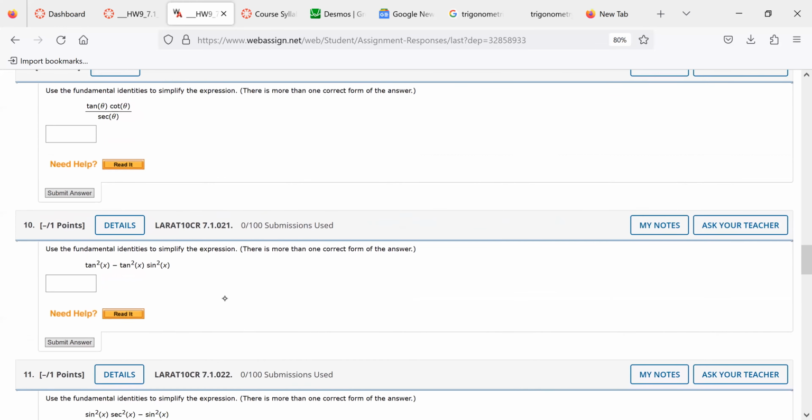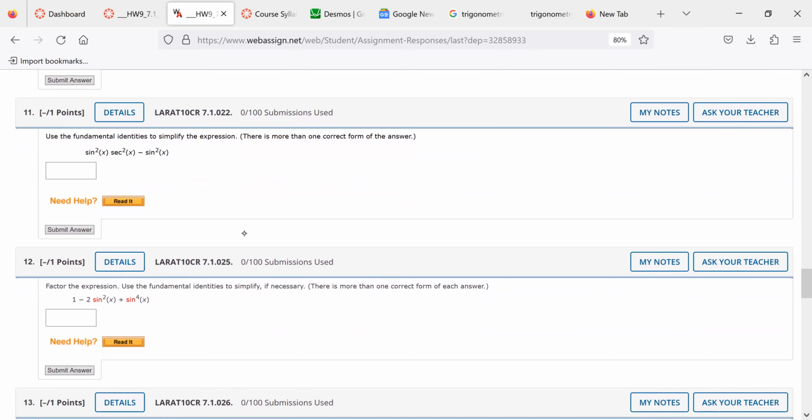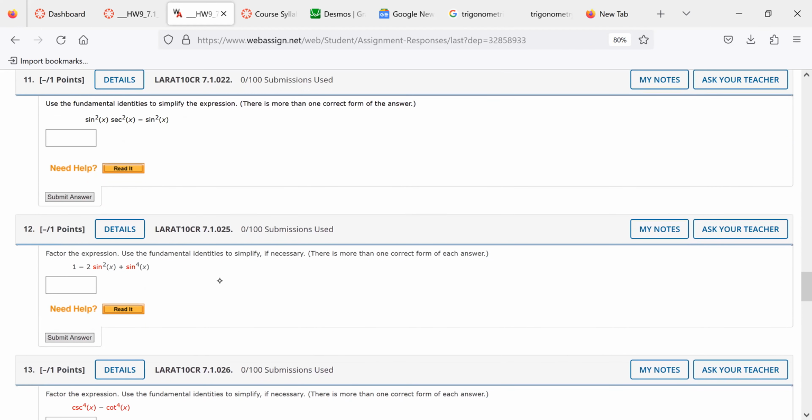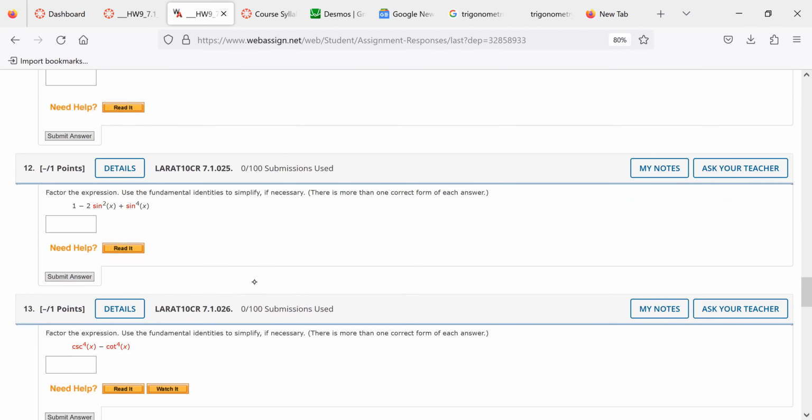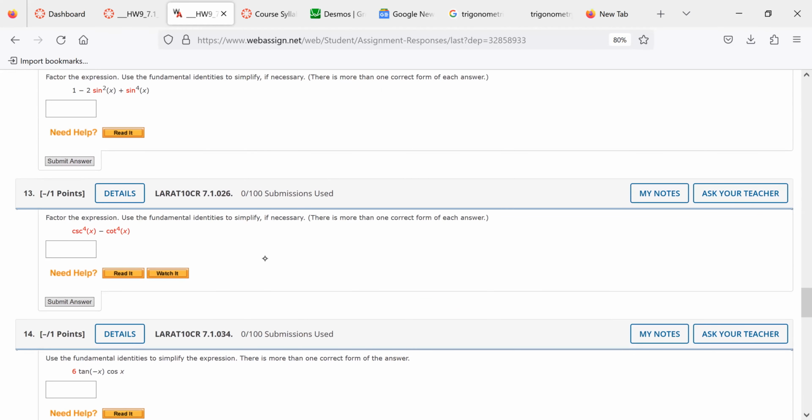Same thing for 10. 10, 11 is factoring. This is more of a quadratic type factoring. This would be a difference of squares and see if anything pops up.